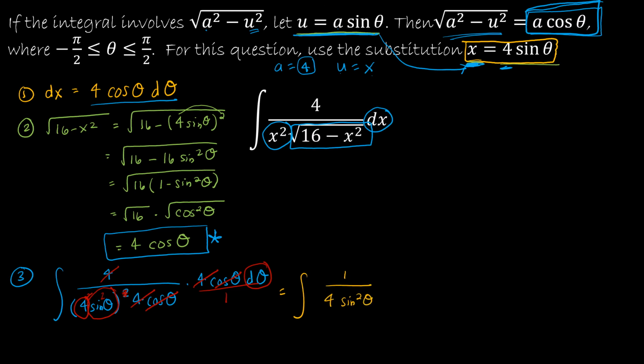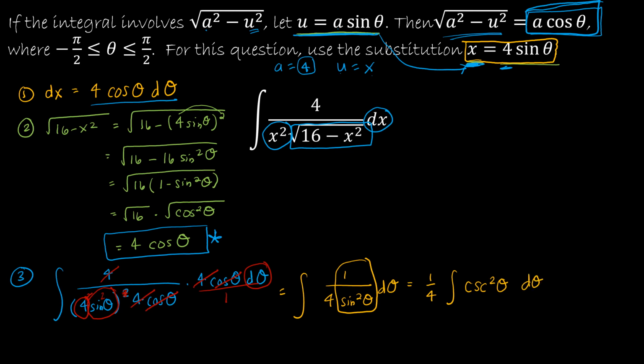So simplified, this looks like 1 over 4 sine squared theta, d theta, which is closer to where I wanted to be, but I don't like a fraction ever. So I'm going to take this 1/4 out, and I'm actually going to integrate. This is 1 over sine squared theta. So how can I replace that? I can replace it with cosecant squared theta, d theta.